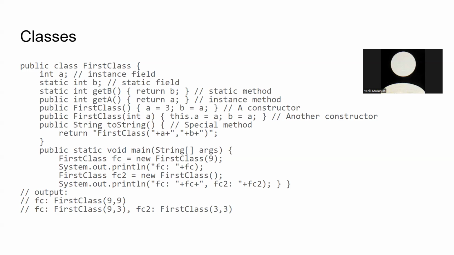The first time it's printed out, it's 9 comma 9. Yeah, so the static number, remember, so the first class, think about it like an individual house, right?